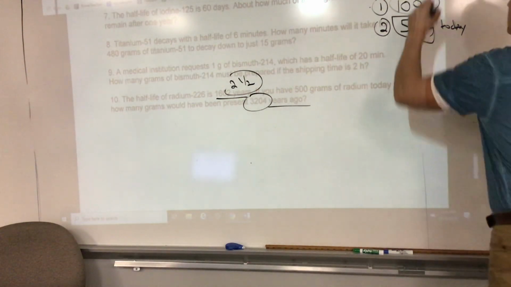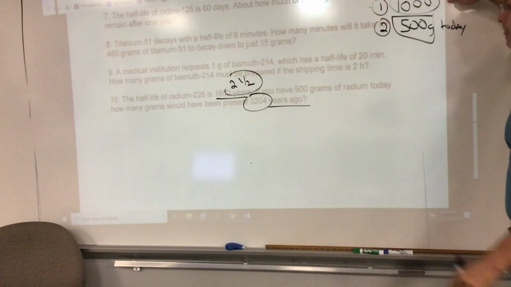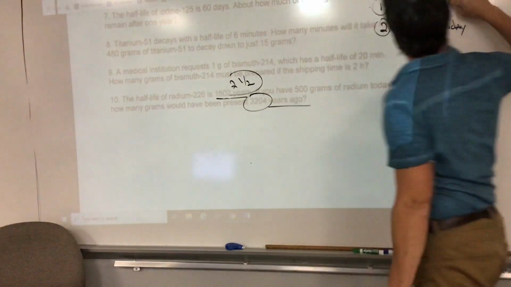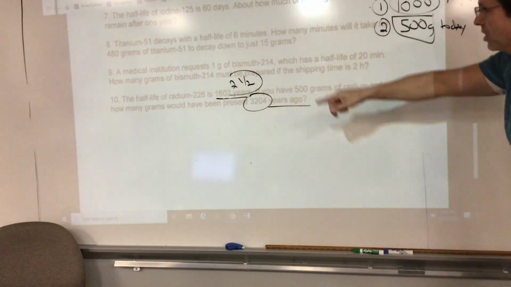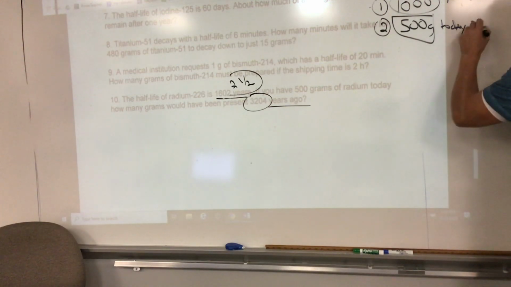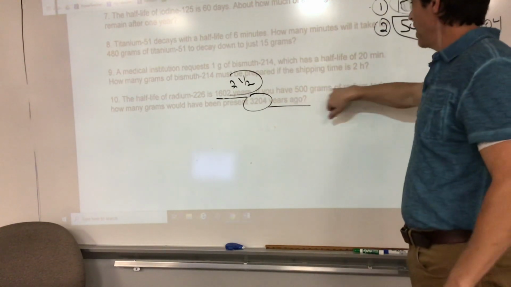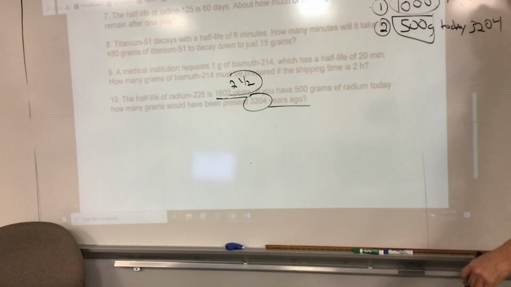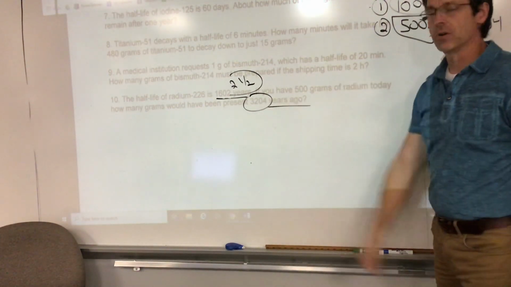Check my math. If I have 2,000 grams, halve it, it goes to 1,000. That was after 1,602 years. Then it halved again after another 1,602, so that made a total of 3,204. That gives me my present sample of 500 grams. So the sample had to be 2,000 grams 3,204 years ago.